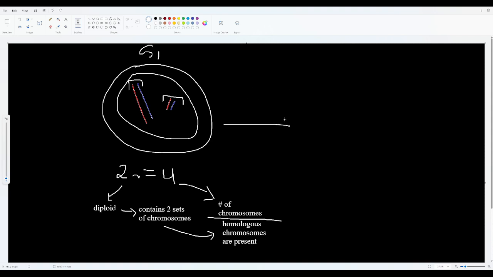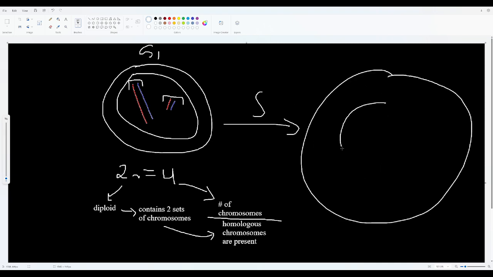So, once we go through S phase, now let's draw our cell. So now our chromosomes look something like this.